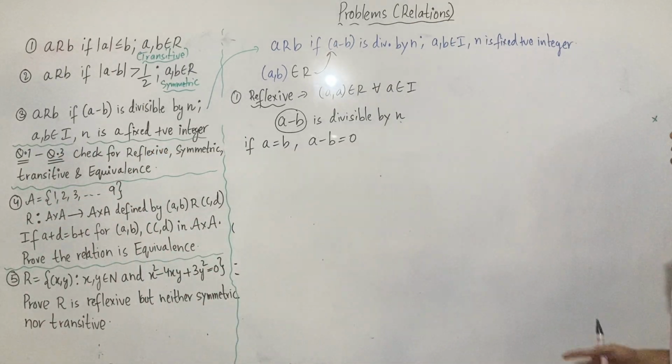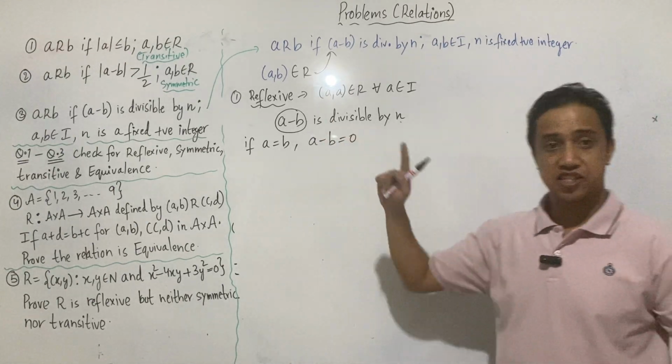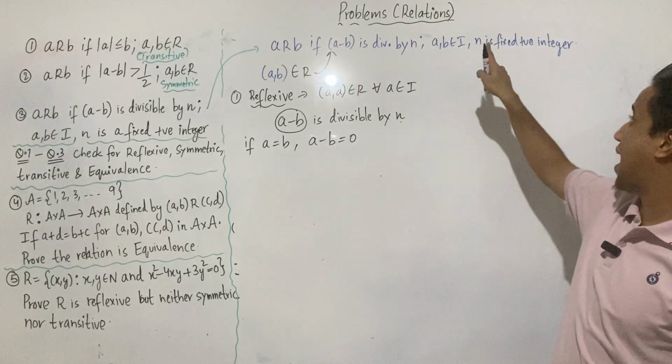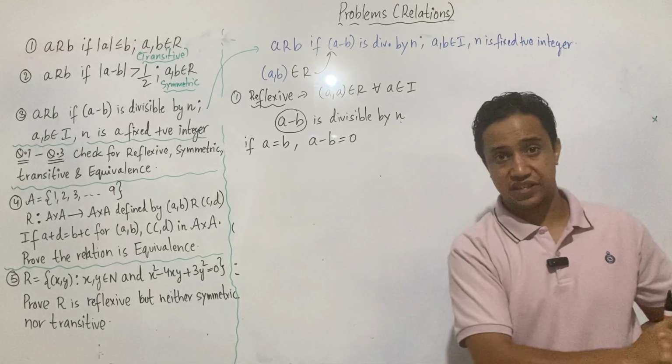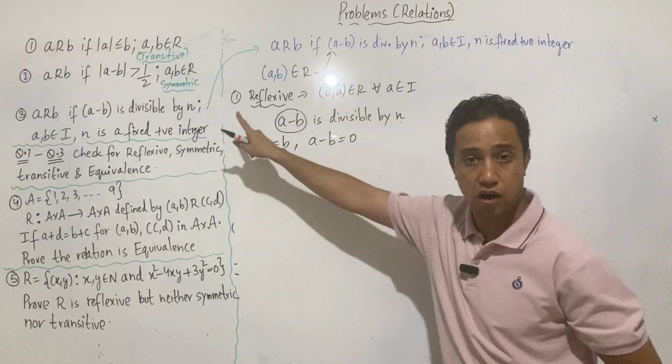It says that all those A and B for which A minus B is divisible by n, and n is a fixed positive integer, are going to be part of the relation.